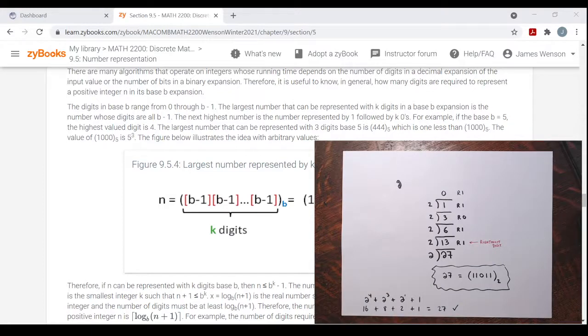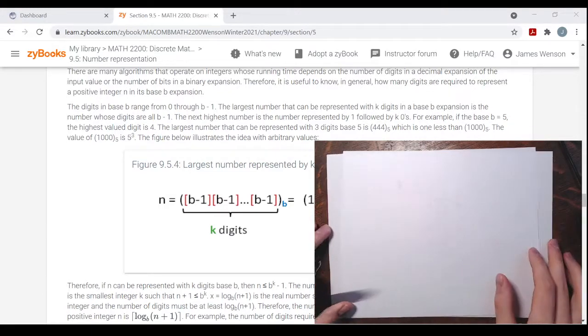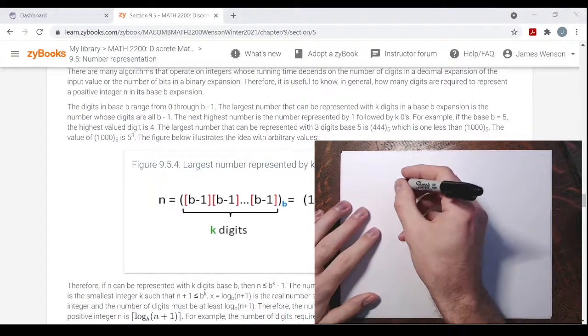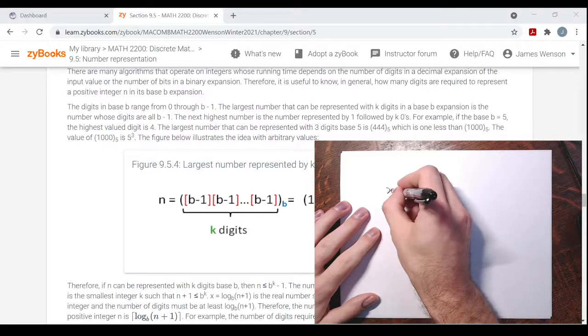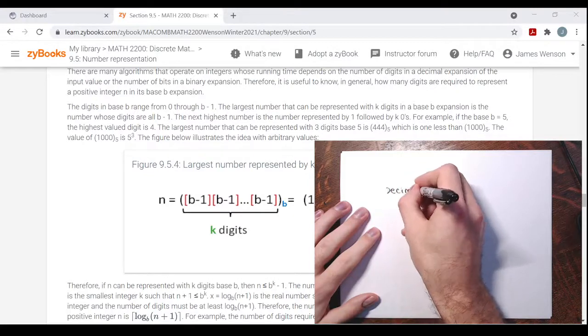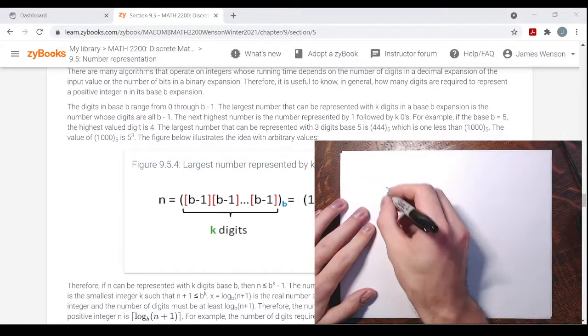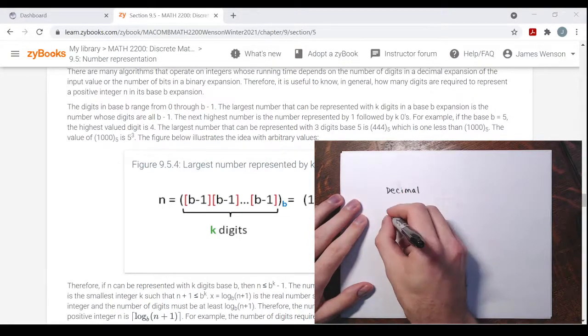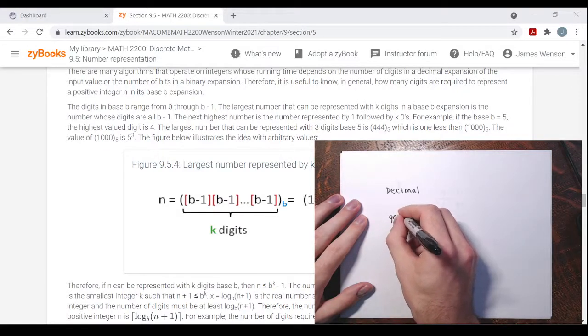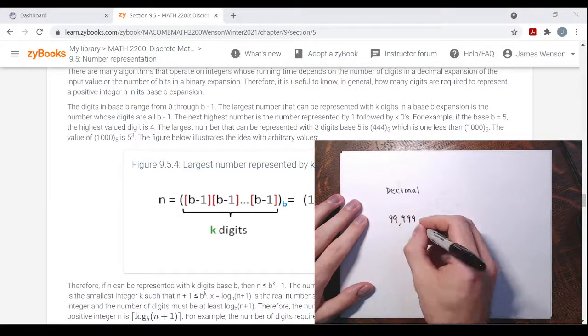This works out the same for decimal. If we're in base 10, in decimal, and I say, again, like I said earlier, what's the largest decimal number with 5 digits? That'd be 99,999.